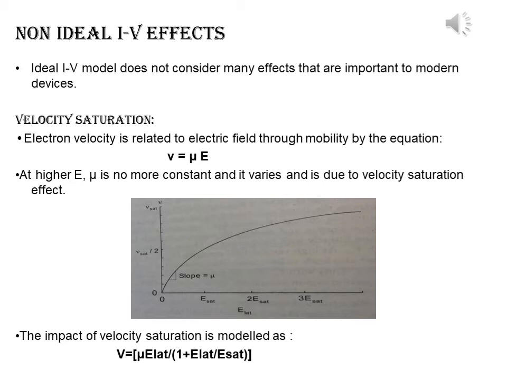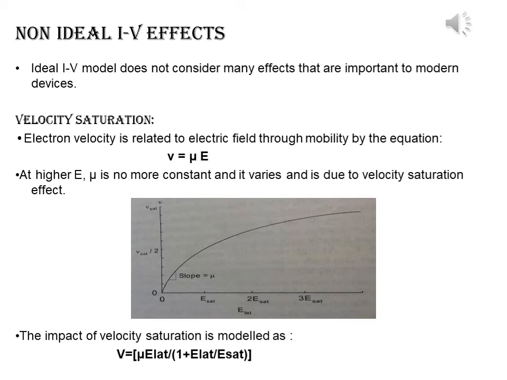So it is assumed that this mu is a constant, a proportionality constant whose value is not going to vary. It is independent of any parameters with respect to electric field E.